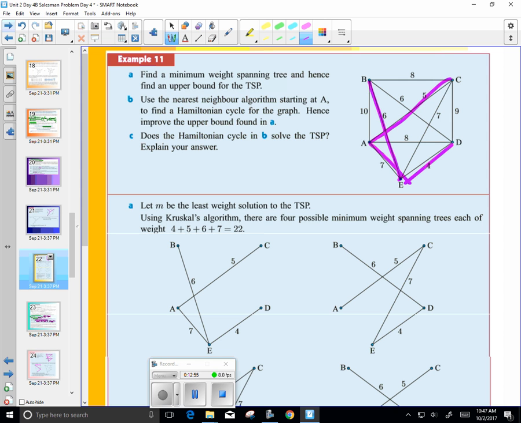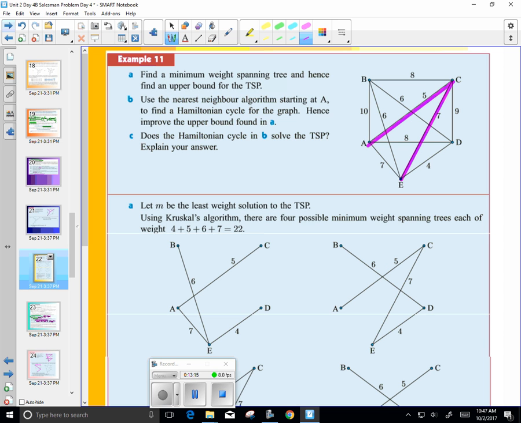Okay, that's the minimum spanning tree. If we do nearest neighbor and we start with A, nearest neighbor would probably be here. And then from C, where are we going to go? D or B? Or E. Yeah, we're going to do E, don't we?